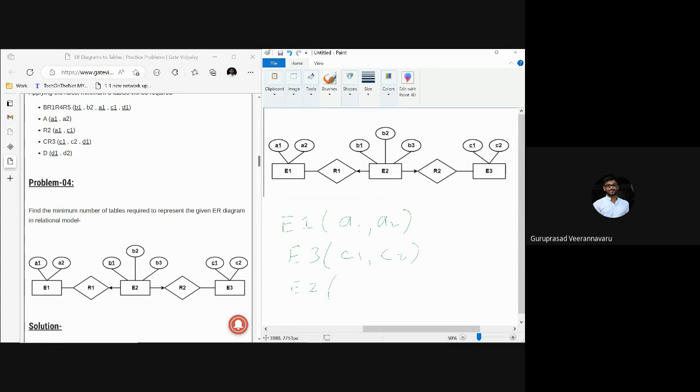Whereas E2 needs E1 also, E2 needs E3 also. You can see this arrow. This arrow means many to one. So what we'll have in E2, we'll have A1, and then we'll have C1, and then we'll have B1, comma B2, comma B3.